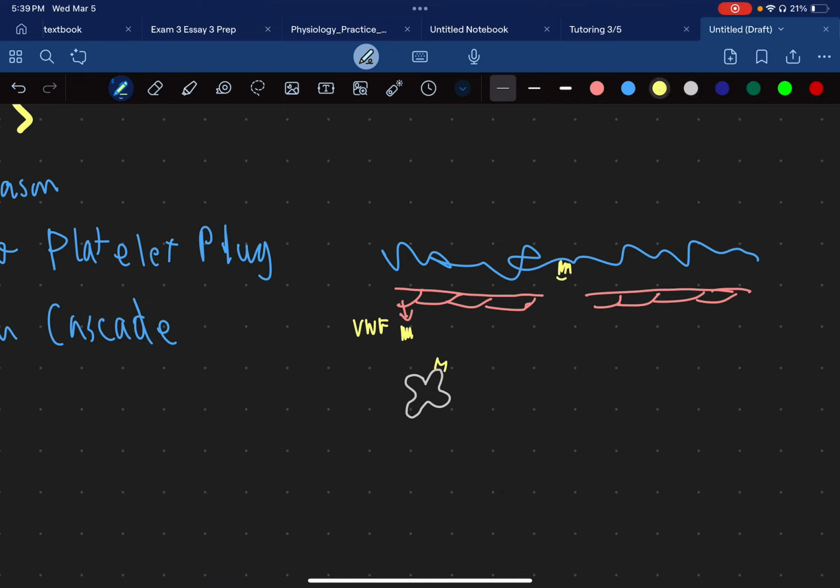So let's draw that. And what's going to happen is, there's a stretch receptor on that VWF receptor. So when it binds to VWF, it's getting pulled towards the collagen. That's going to open, and calcium will enter the cell, which is going to cause it to change conformation. So it's going to get much bigger.